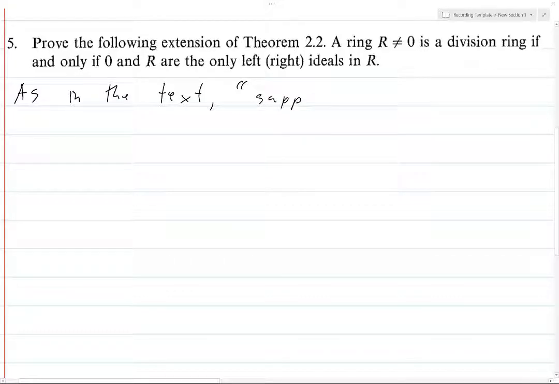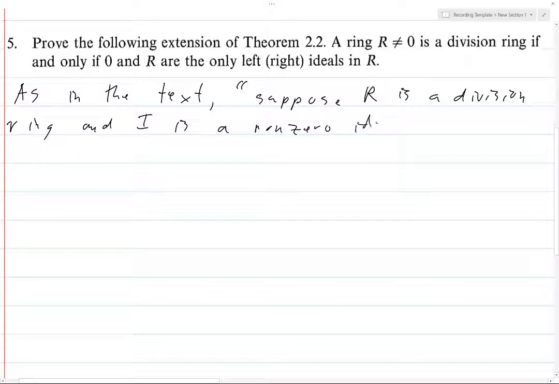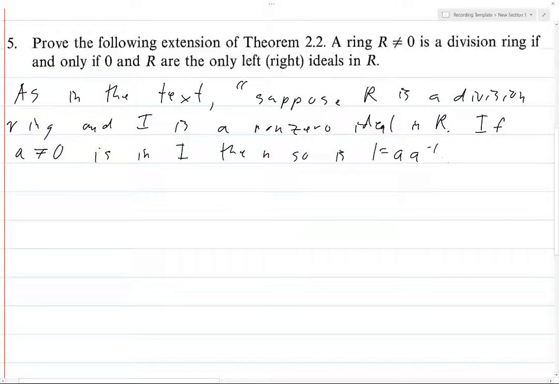So anyways, suppose R is a division ring and I is a non-zero ideal in R. If a non-zero element a is in I, then so is the element 1, which is a times a inverse.